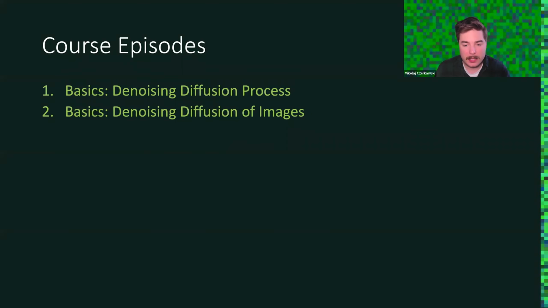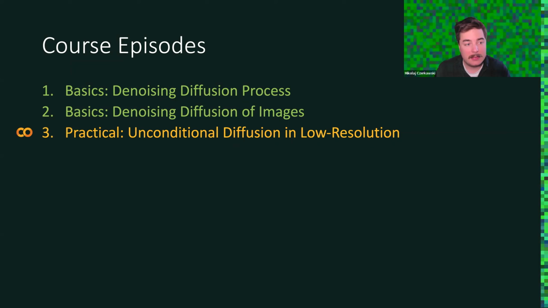Then after that, we will have a short episode that's more focused on the diffusion of images. And then after that, there will be a practical episode on unconditional diffusion in low resolution. And again, there will be a demonstration of code in Google Colab as part of that episode.